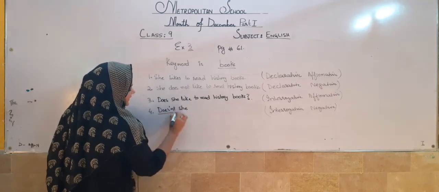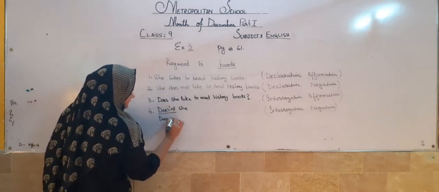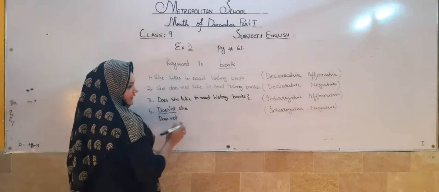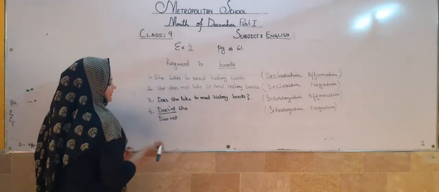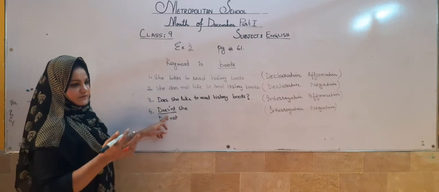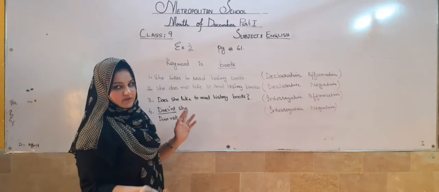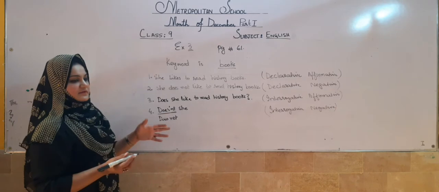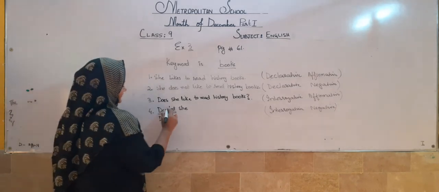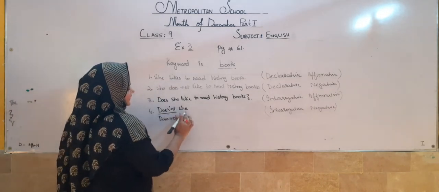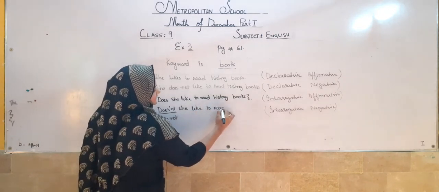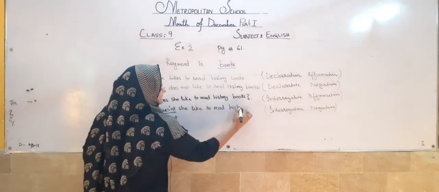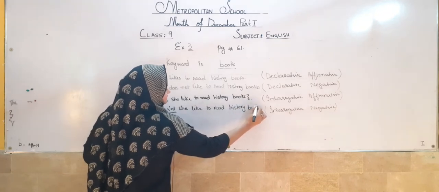Okay, it means does not. Both are right, both are used in the same manner. Okay, but this is the contraction form which we use while speaking. So it makes our conversation concise. Doesn't she like to read history books?